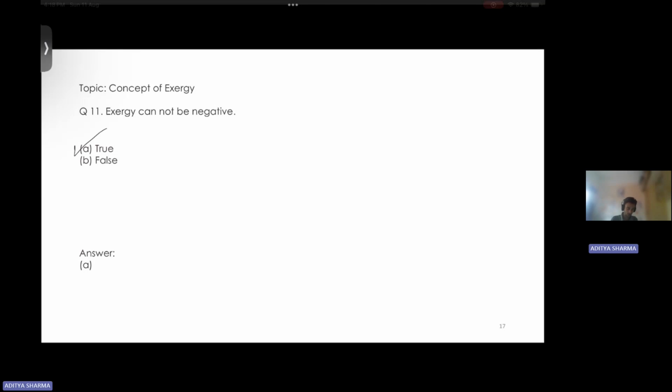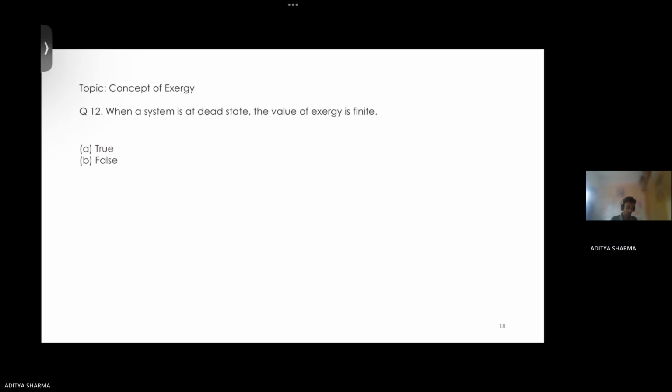So let's move on to the next question. That is question number 12. This question again is on concept of exergy from lecture number 8. And it states that when a system is at dead state, the value of exergy is finite. So whether the statement is true or false.